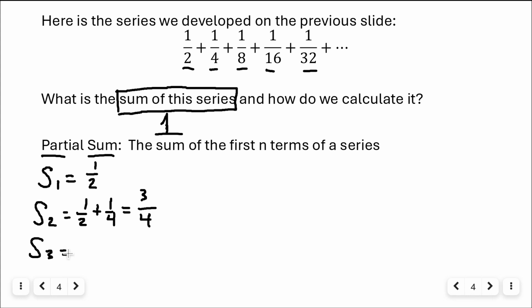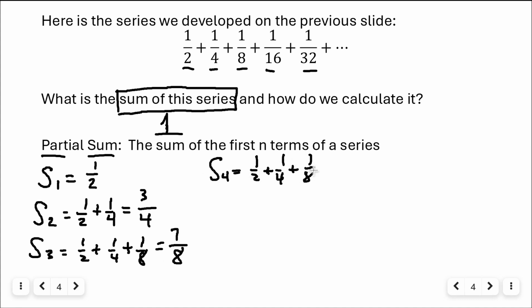If I wanted s sub 3, I would take the first 3 terms of the series and add them together: 1/2, 1/4, and 1/8. 8 would be my common denominator, and I'd end up with 7/8 when I was done. s sub 4 would be 1/2 plus 1/4 plus 1/8 plus 1/16. And you folks get the idea. If I were to add all these together, that would be 16 on the bottom, 15/16.